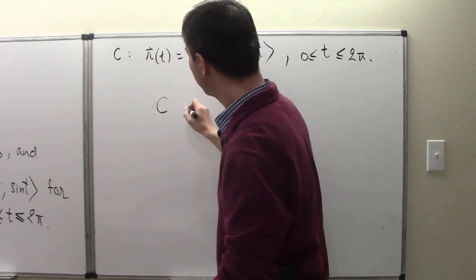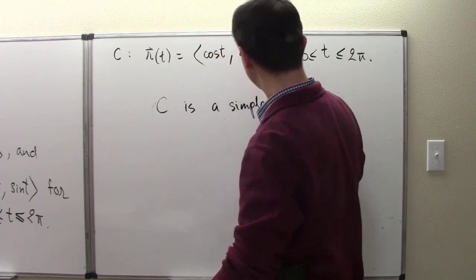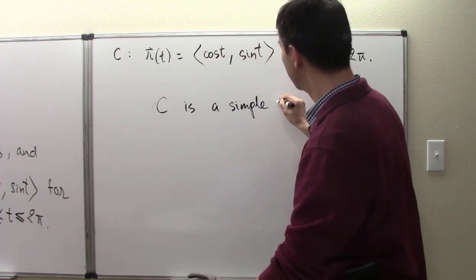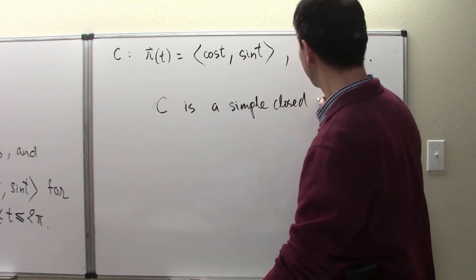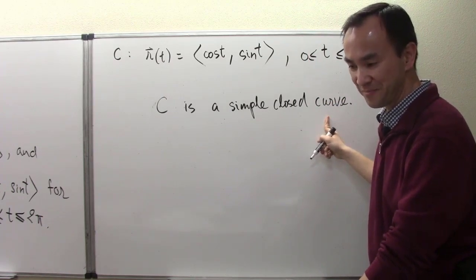the curve is a simple closed curve, meaning the starting point and ending point meet together.